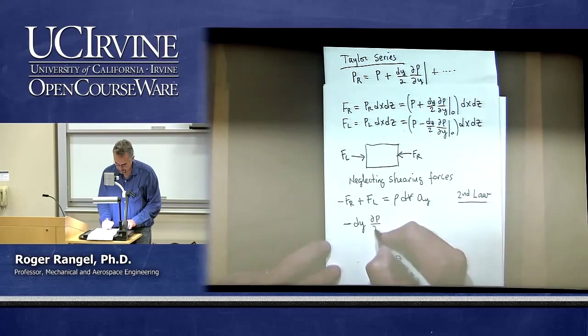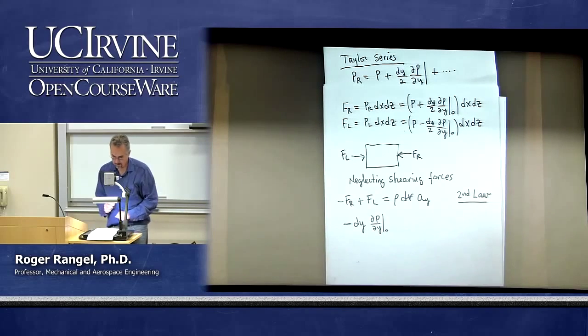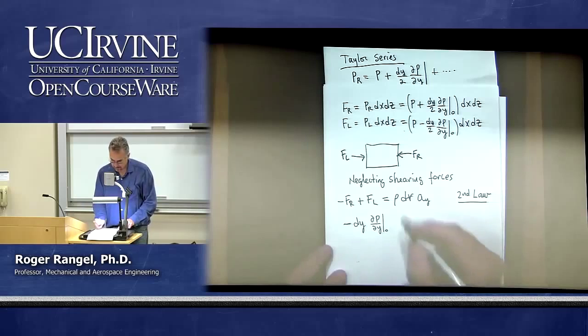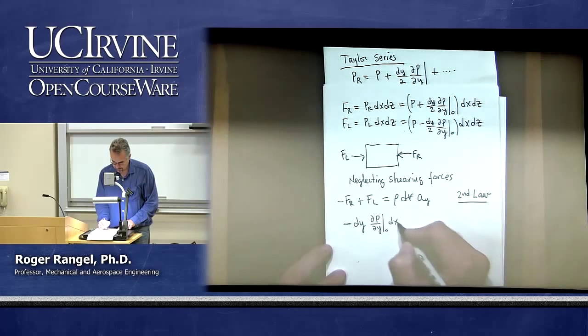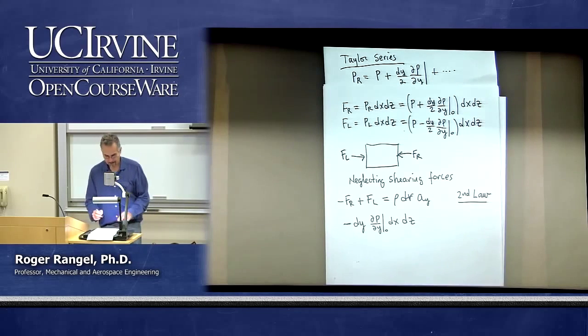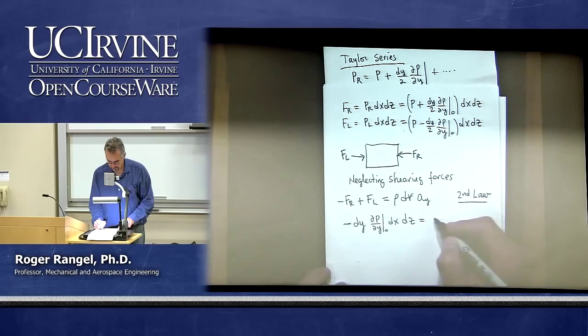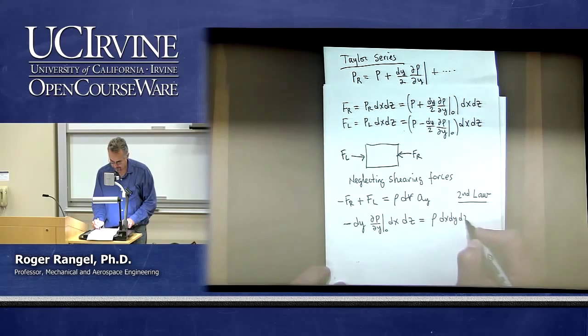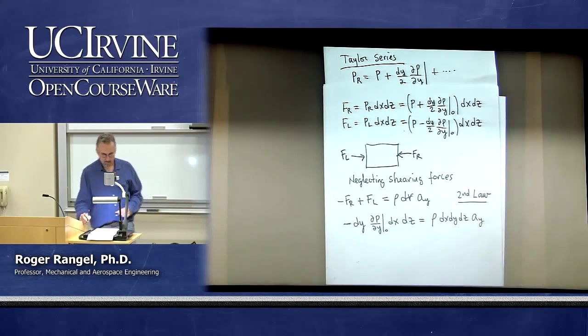dp dy at the center of the element times dx dz. And then on the right-hand side, rho, we can go ahead and write the volume of the element as dx dy dz times a sub y.